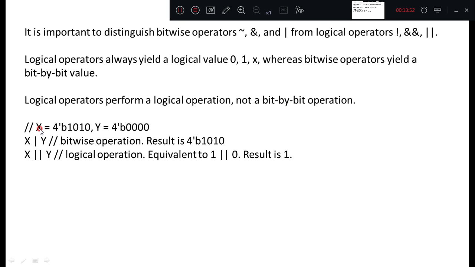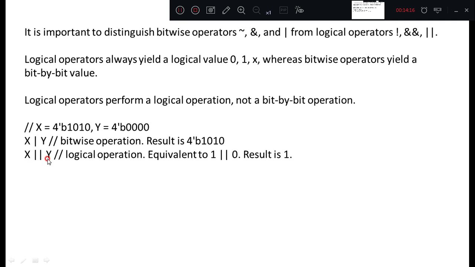If you consider an example, x equals 4'b1010, y equals 4'b0000. If you perform the bitwise OR of x and y, the result is 1010.